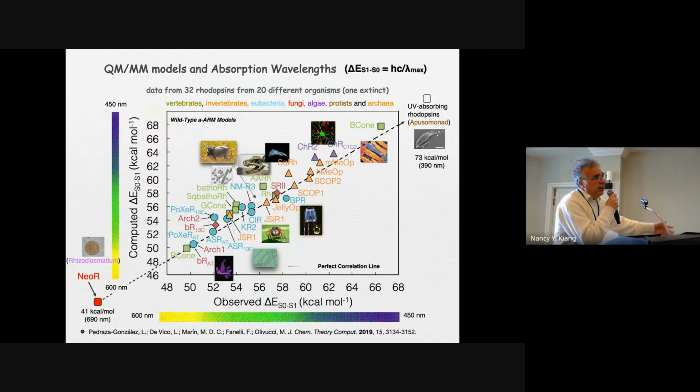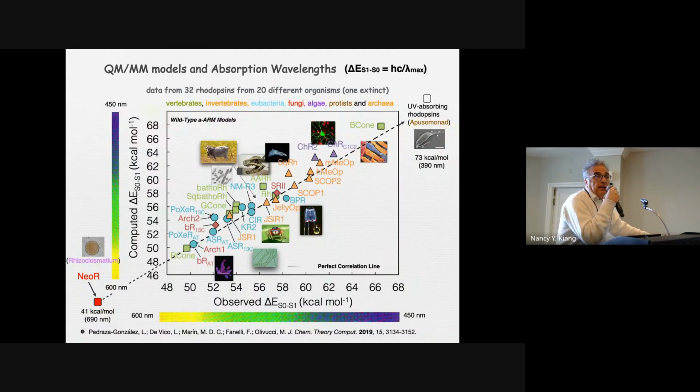And we compare the observed lambda max with the computed lambda max. You can see that there is an error bar of about 3-4 kilocalories in excitation energy, but we can study the correlation, and the correlation is what is most important, I think, as far as I know, for biological studies, to predict or see the changes.